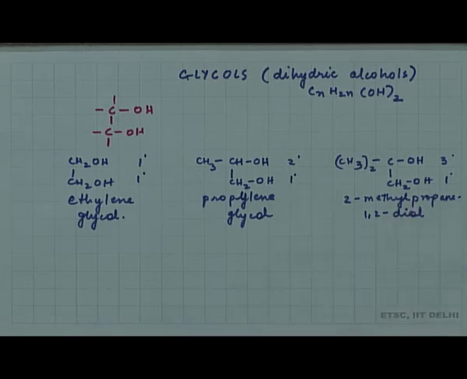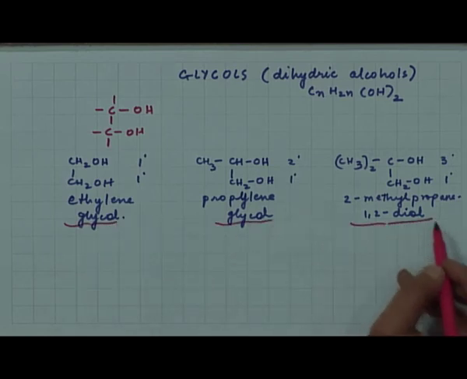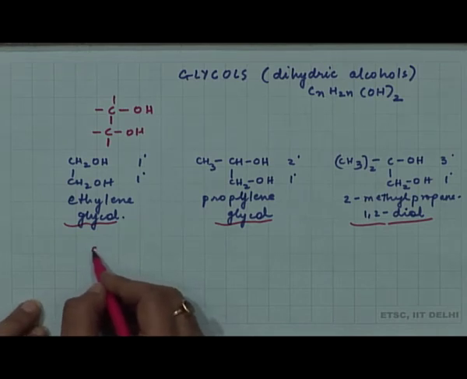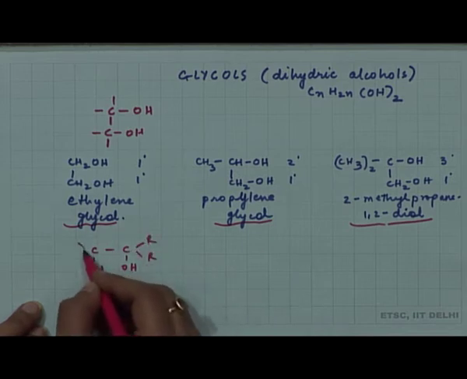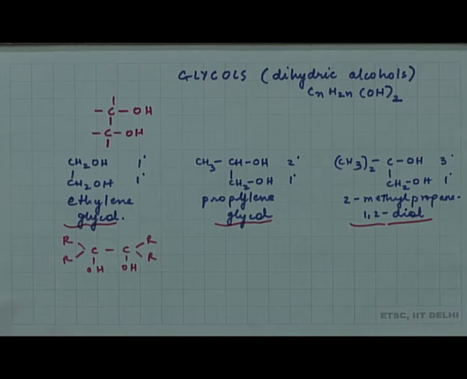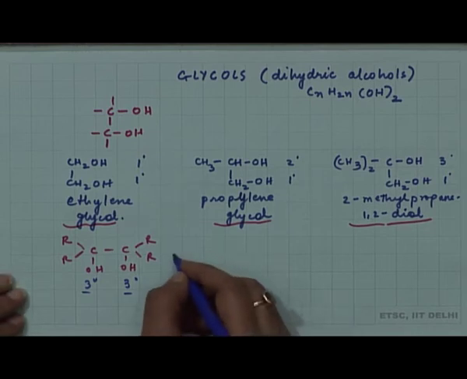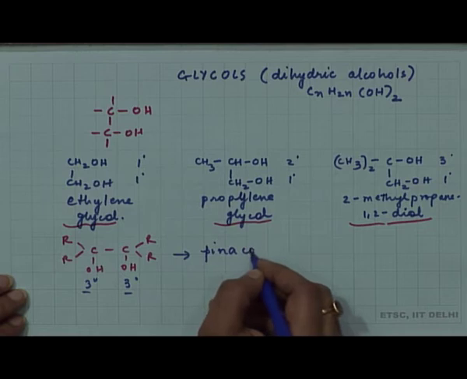So, you have many different examples of glycols. If both the carbons bearing the hydroxy groups are tertiary carbons, so this is an example where both the hydroxy groups are present on tertiary carbon atoms, these kinds of diols are called pinacols.